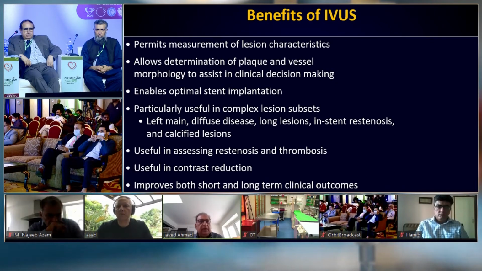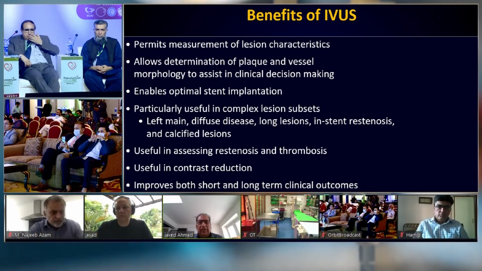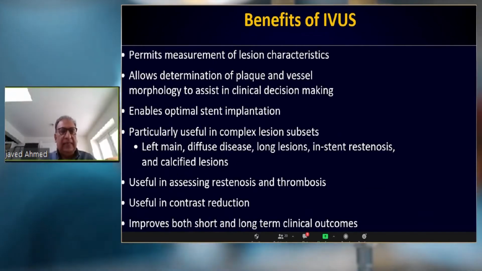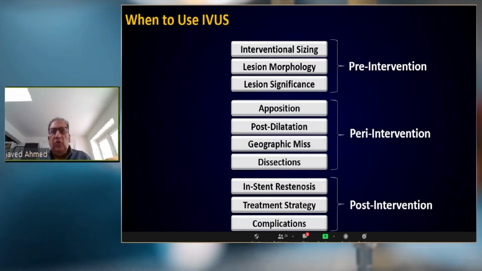And it enables us optimal stent implantation. It is particularly useful in left main, diffuse disease, long lesion, in-stent restenosis, and calcified lesions, and also useful in assessing stent thrombosis. You can actually use IVUS in pre-intervention assessment, peri-intervention assessment, and post-intervention assessment.